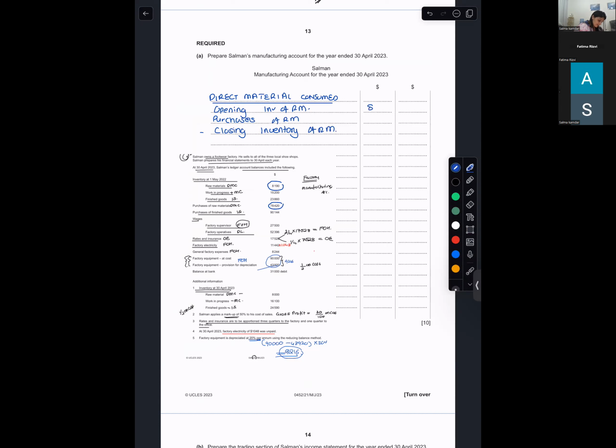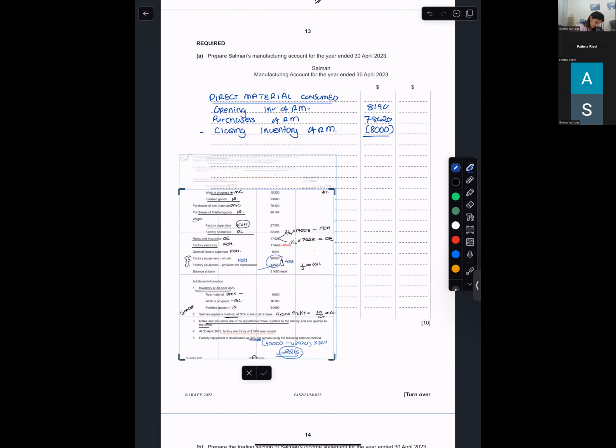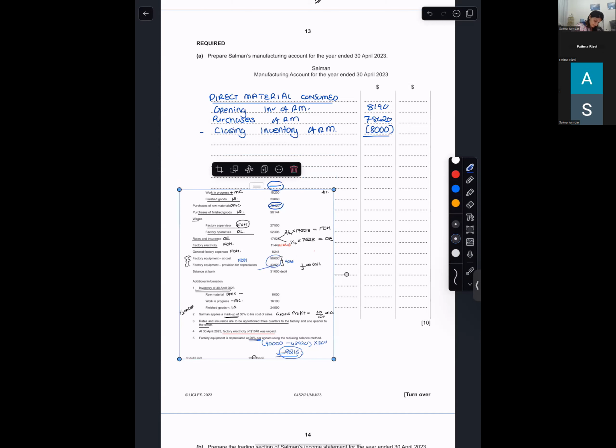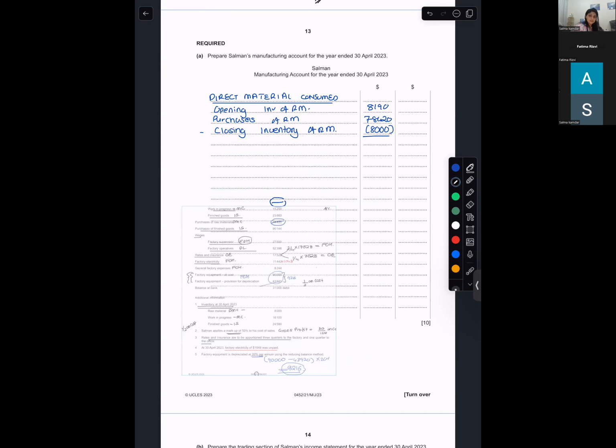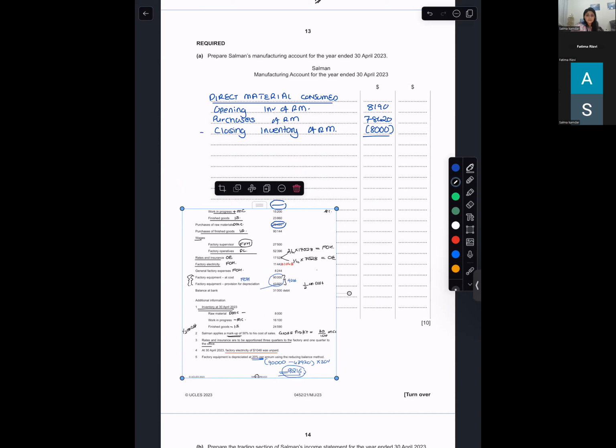Opening inventory is 8190. Purchases is 78,420. Minus closing inventory is 8,000. So what is your DMC? 78,610.